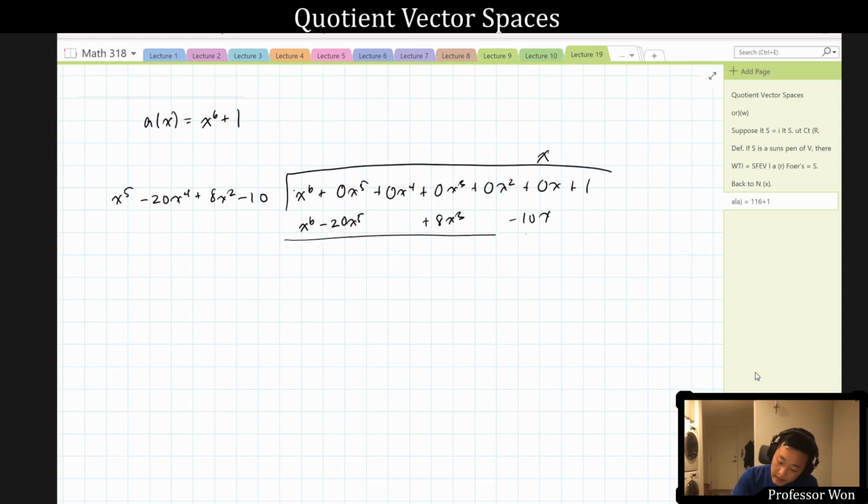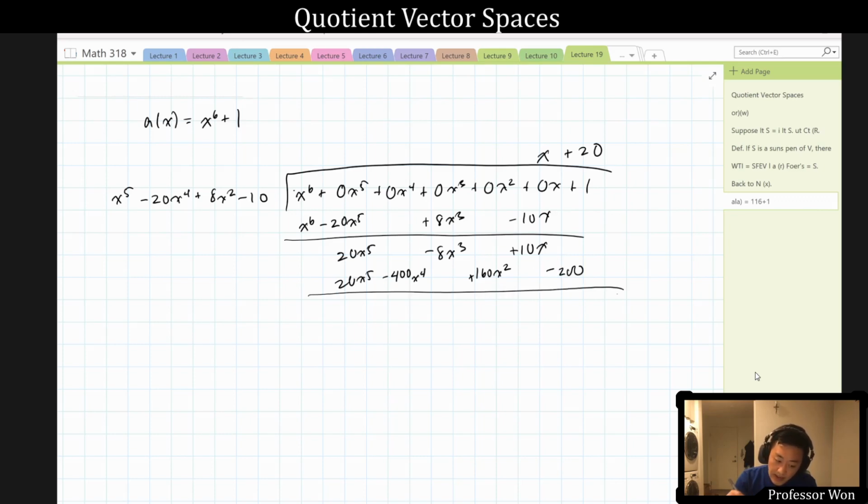And then you subtract, you get 20x to the 5th minus 8x cubed plus 10x. So then you get a plus 20 term, you get 20x to the 5th minus 400x to the fourth plus 160x squared minus 200.